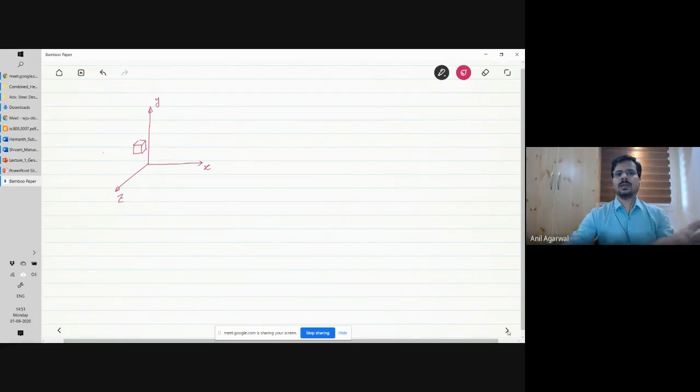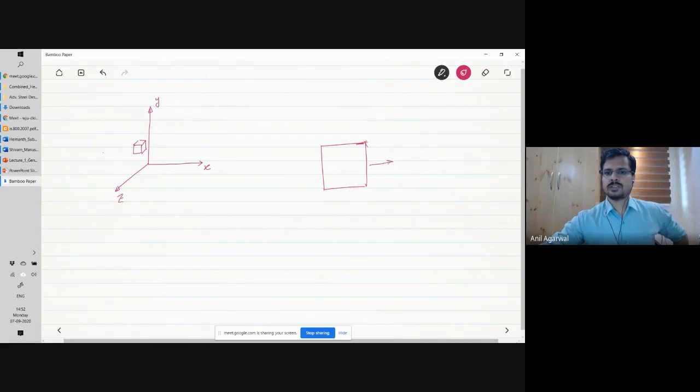This element is not a full body on its own. It is a small element I have taken inside a bigger body, and I'm looking at the stresses. So I zoom in, and at a time I'm looking at only one plane, ignoring the Z components.